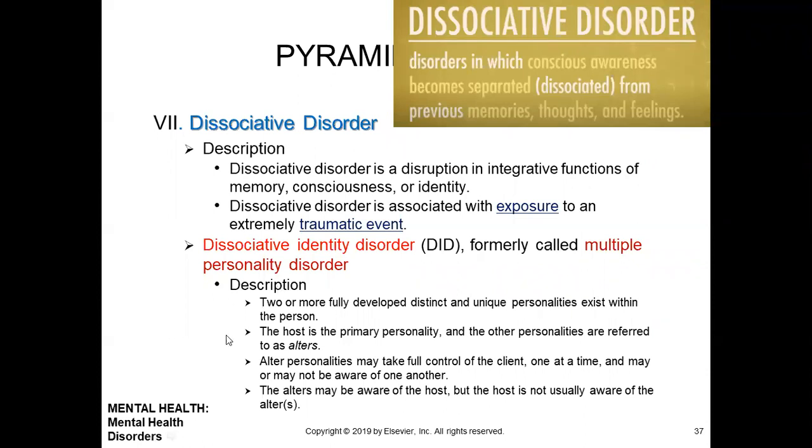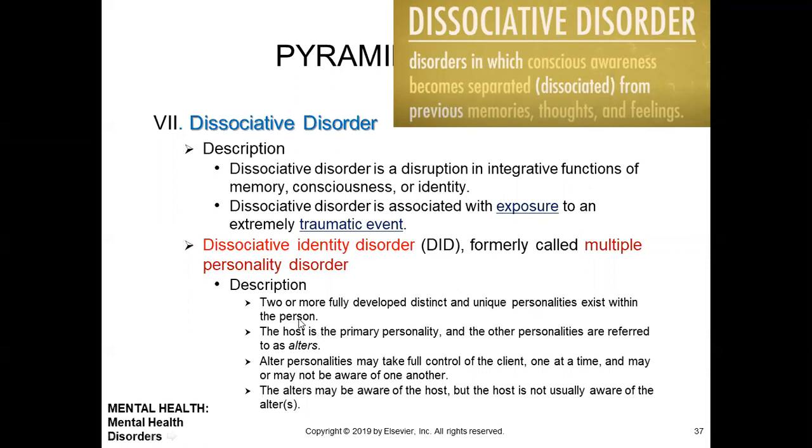So what is the explanation? One person but two personalities. Two or more fully developed, distinct and unique personalities exist within a person.